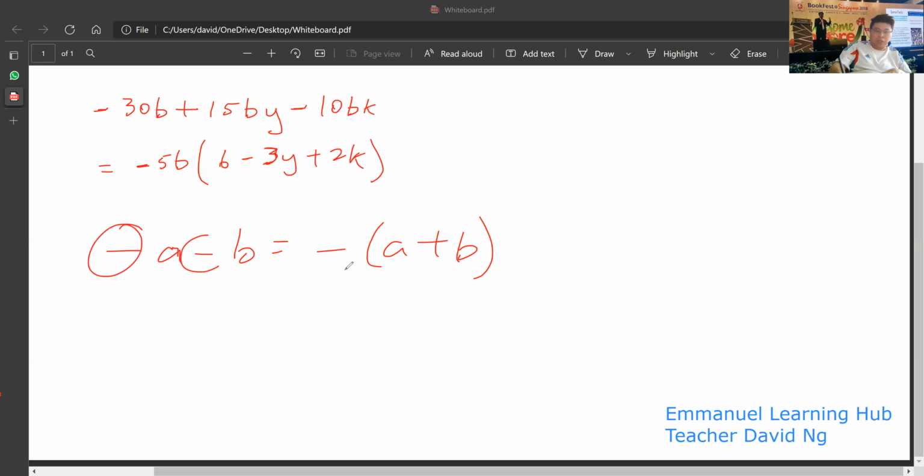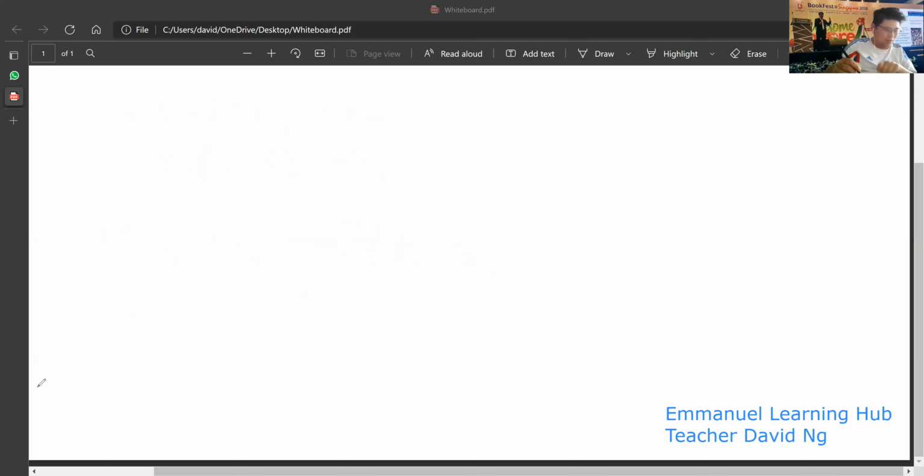I take out negative sign. Instead of a number it can be a sign also. You can take out negative sign, then since you took out the negative sign, inside the bracket it's all positive. Okay? That concept.